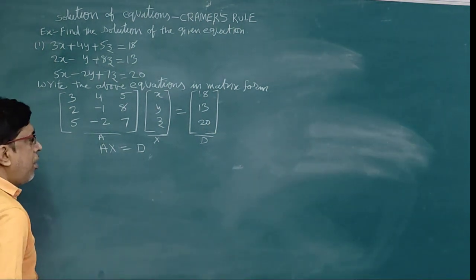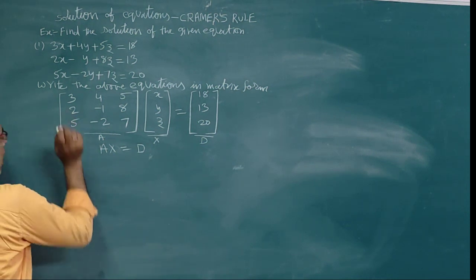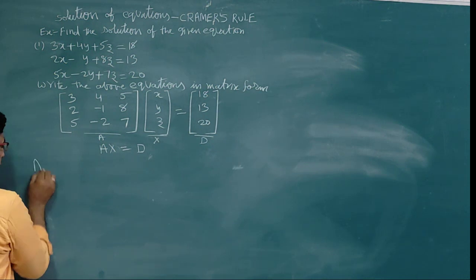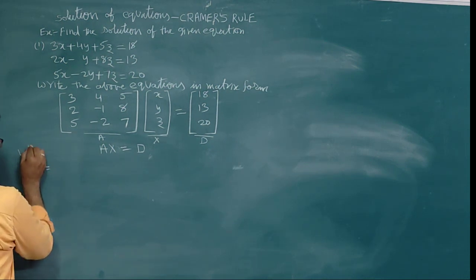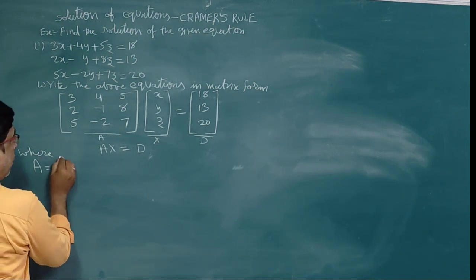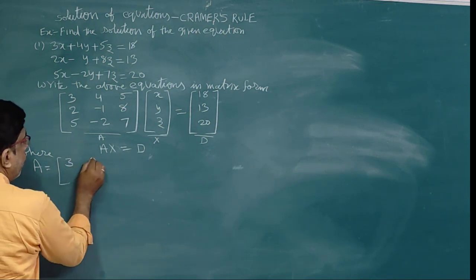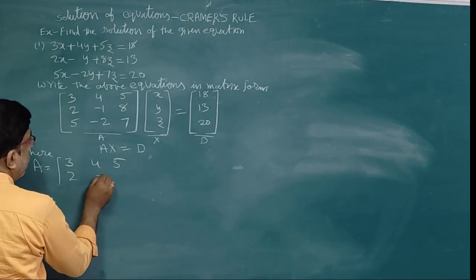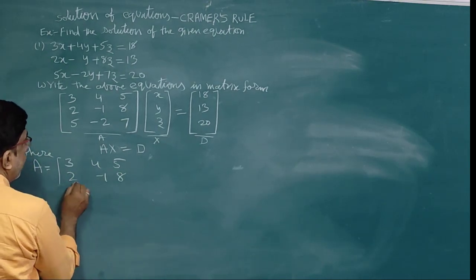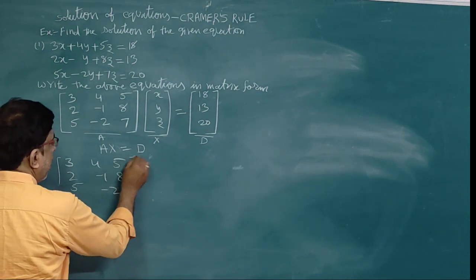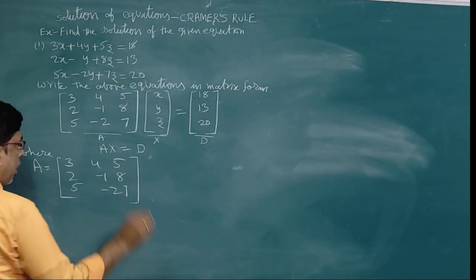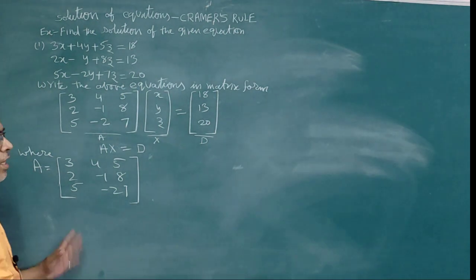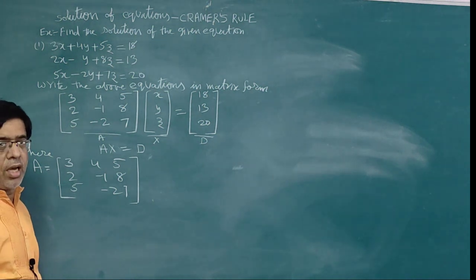We are not going into that. So A is equal to 3, 4, 5; 2, minus 1, 8; 5, 2, 7.